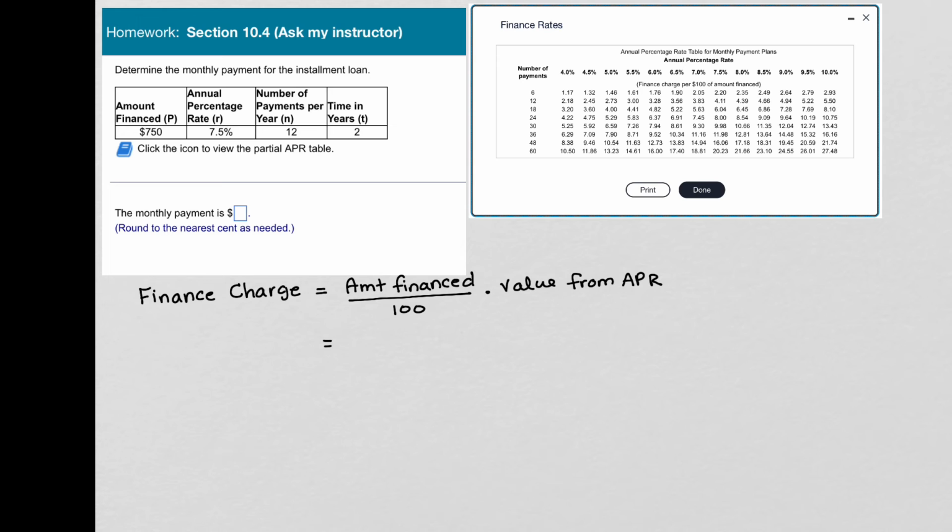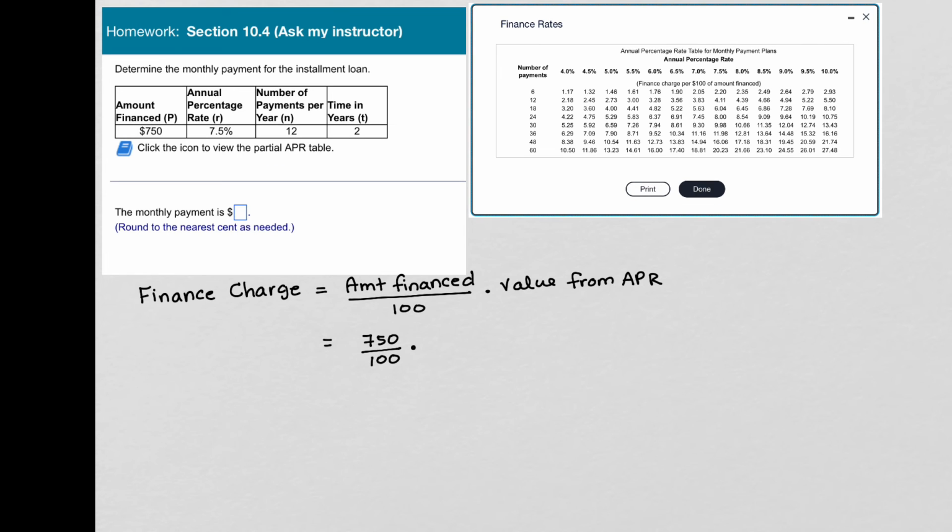So the amount financed is $750 divided by 100. And now I need to look up in the APR table what is the value we're going to use. So we're looking at 7.5%, and we know that there are 24 payments total, so that's right there.